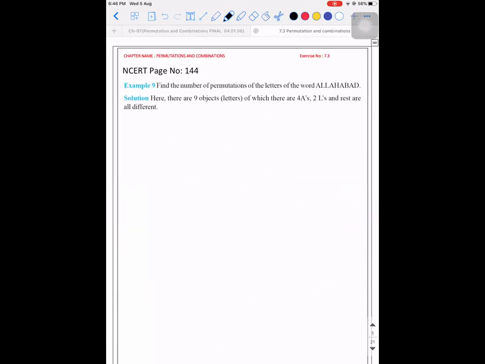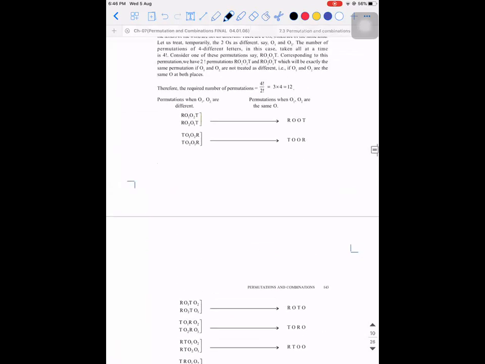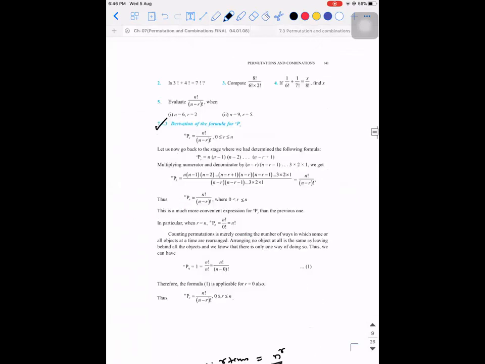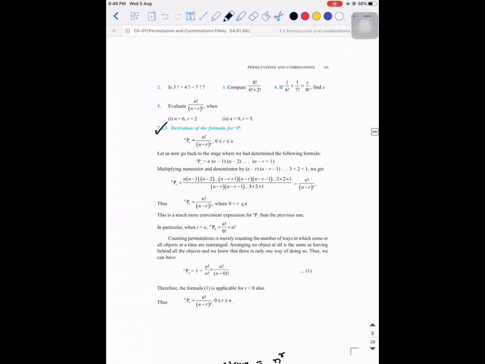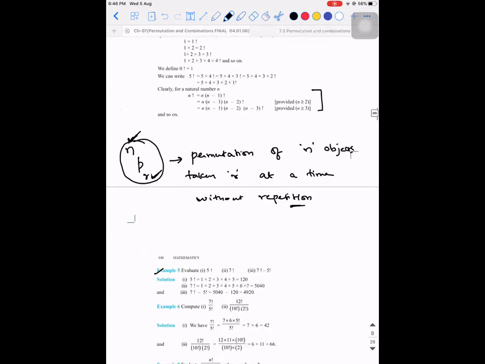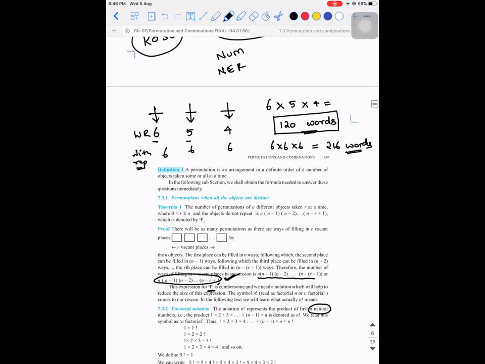See, listen. Yesterday, what is the concept we saw? Finding out permutation, factorial. Permutation when all the objects are distinct. For example, if I give you a word like father, are all the letters different from each other?